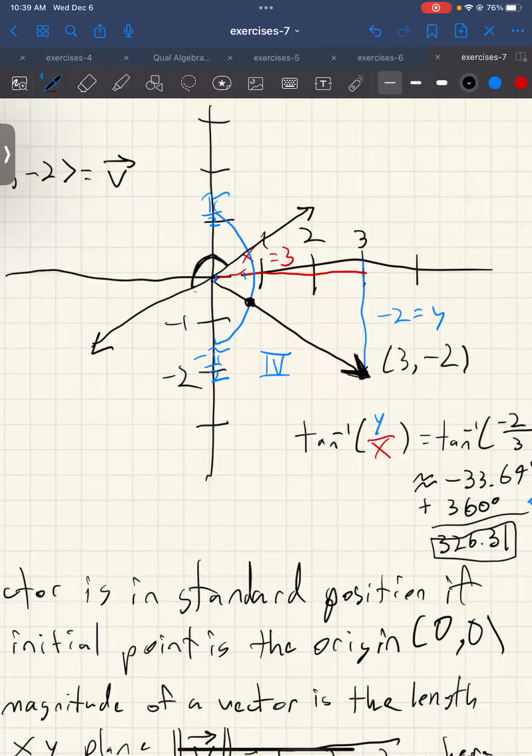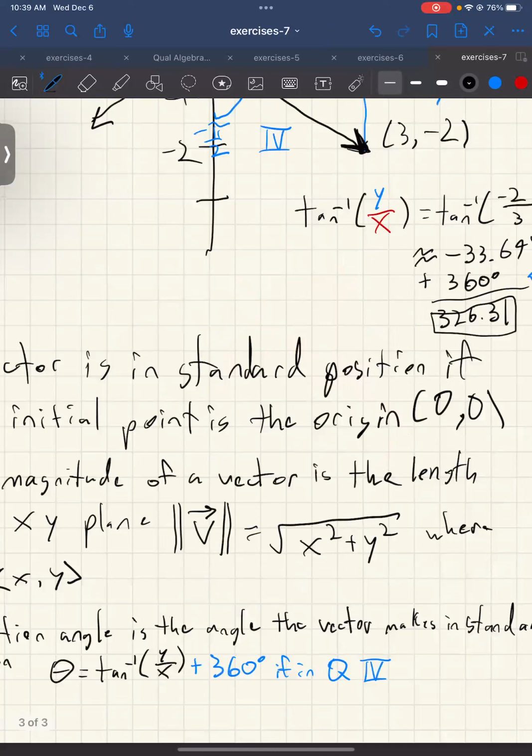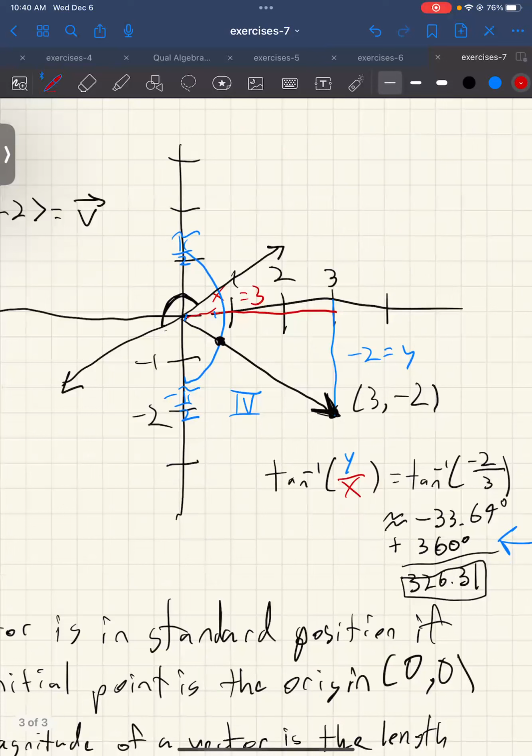So whether we're in quadrant 2 or quadrant 3, we have to add 180. But again, very nicely, if we're in quadrant 1, we don't have to do anything. Tangent inverse does a great job of figuring that angle out all on its own without any of that special work.